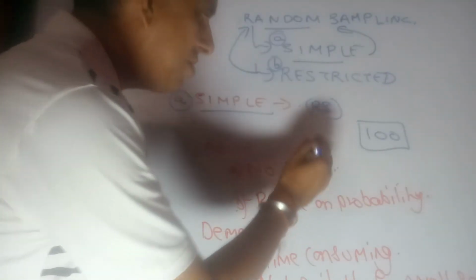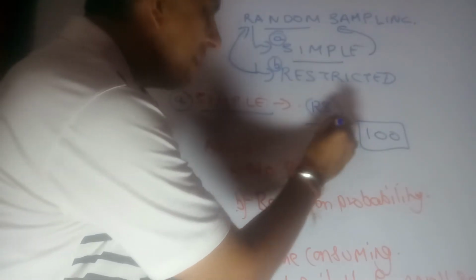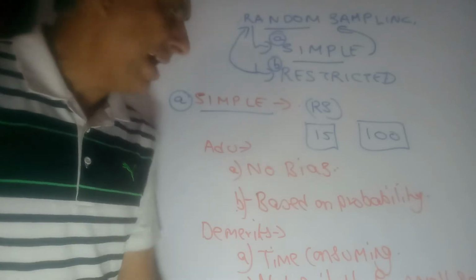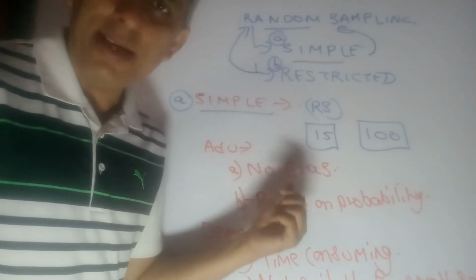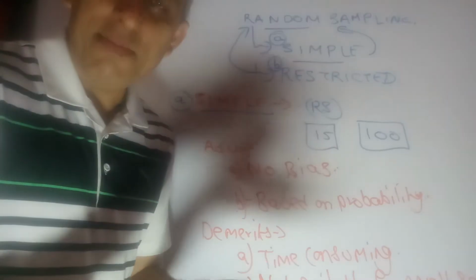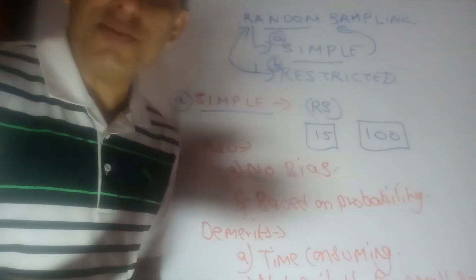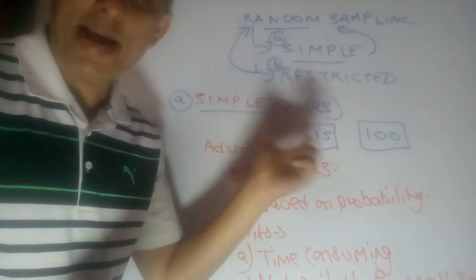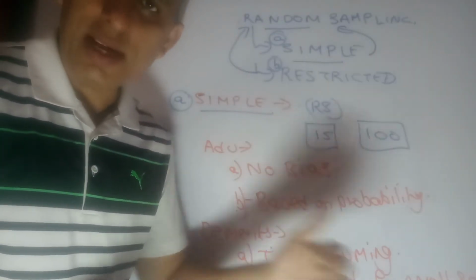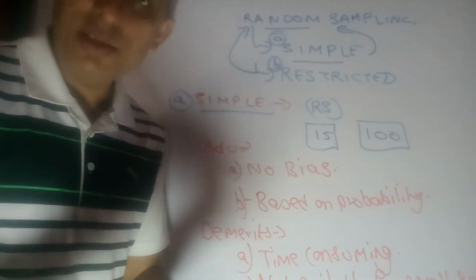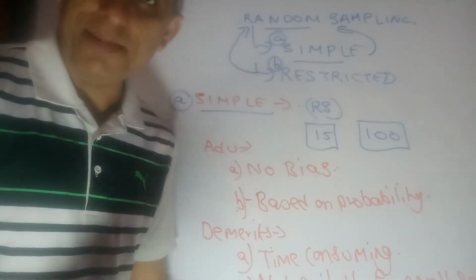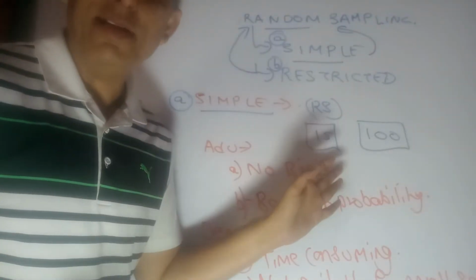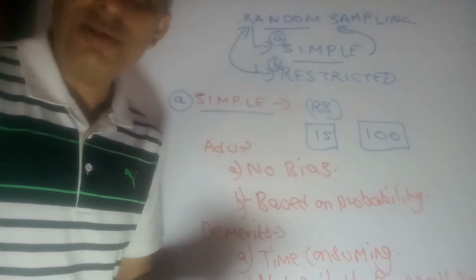So, for a random sample, 15 kids are to be taken, right? And what will happen in simple random sampling? A chit can be made where the names of 100 students are there. And as it happens in a lottery, those 15 which will be picked will be the ones selected as the sample. Am I clear?